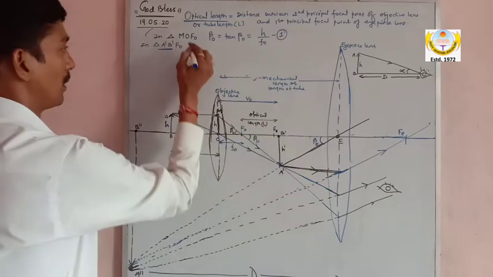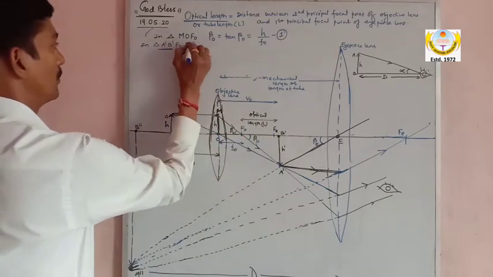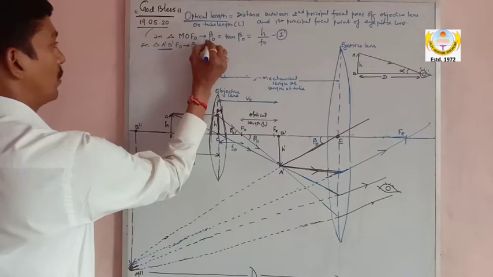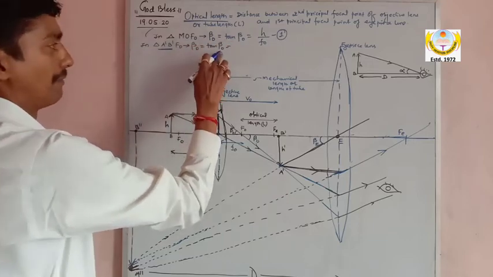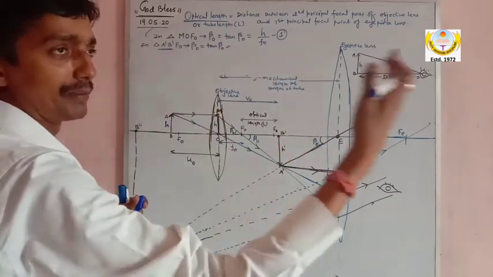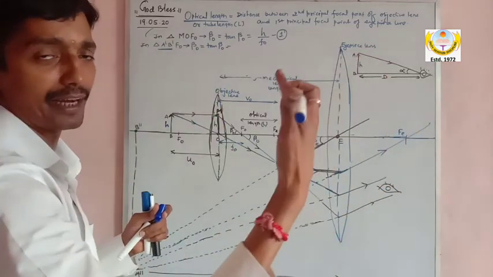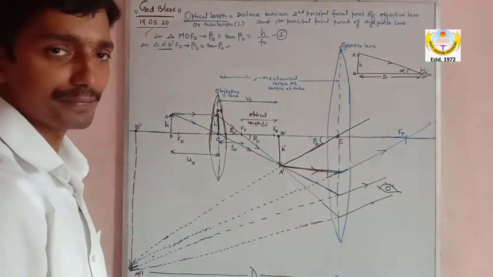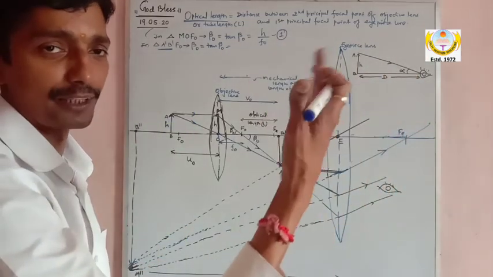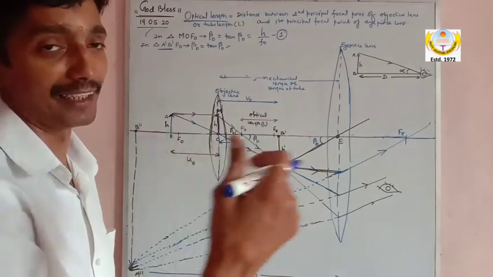Here is also a beta O, and that is written as tan beta O. That is the magnification done by the objective lens when the object is brought closer to the focal point of the objective. So the distance to the eye also decreases, my dear. This is written clearly in NCERT.